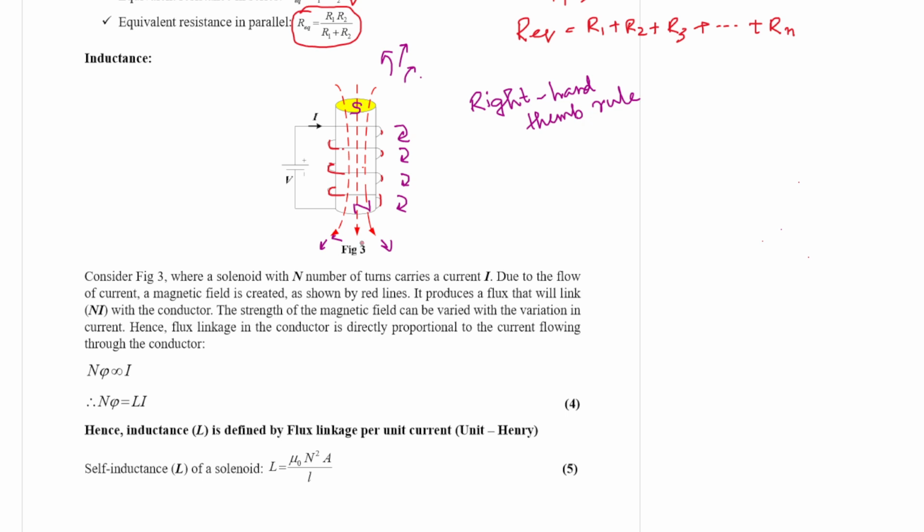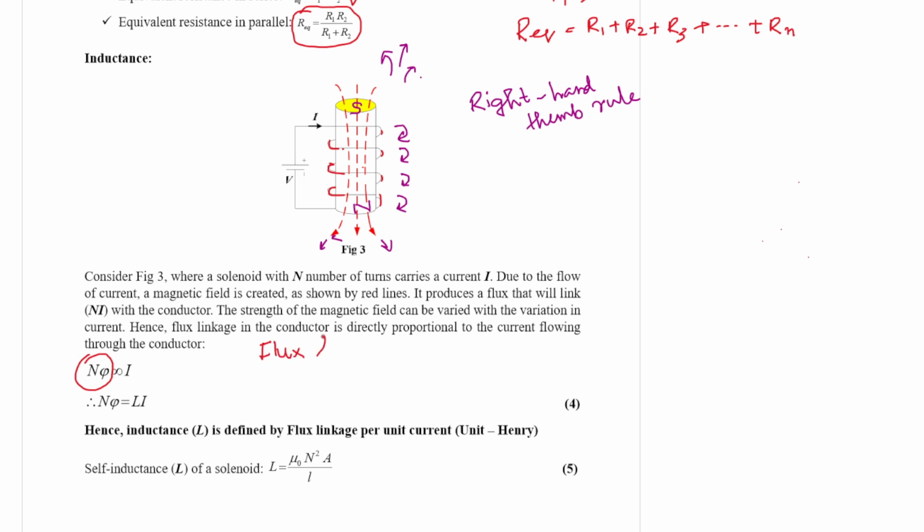So there is a definite relation between the current flowing and the magnetic field. Whatever magnetic field is set up is linking with these turns of this conductor, which is defined by N phi.